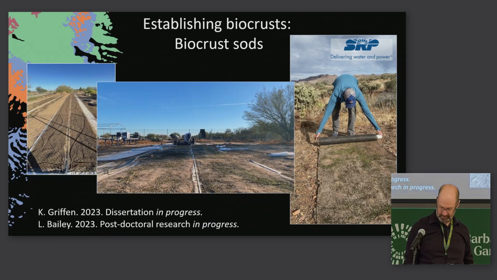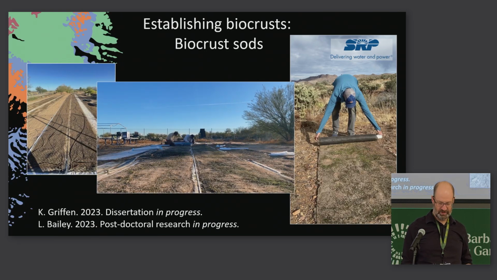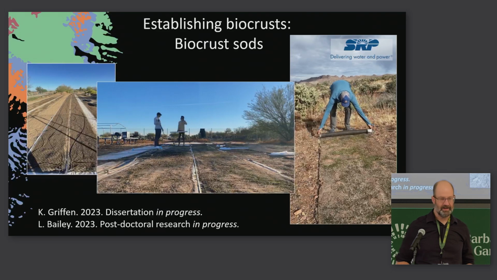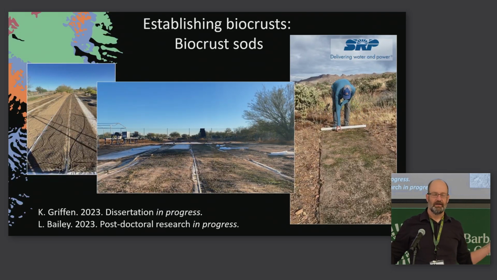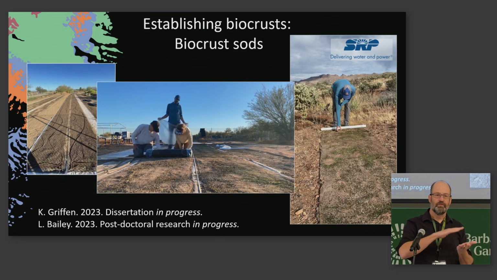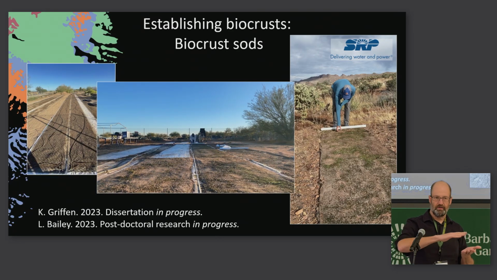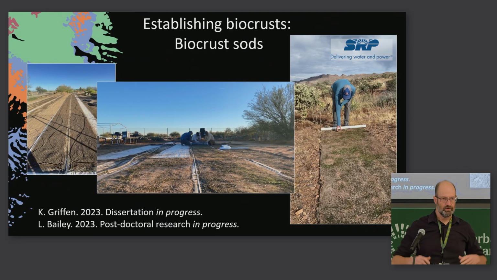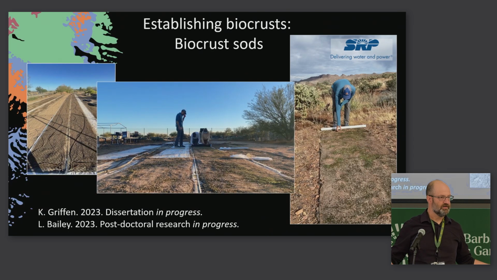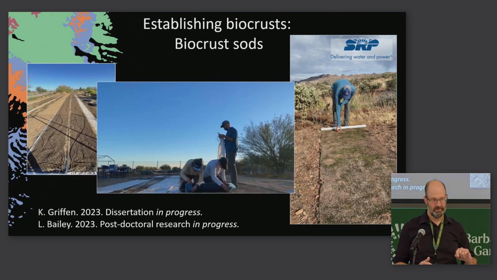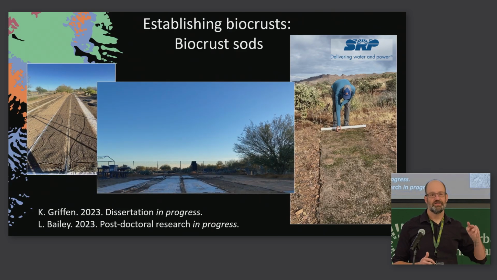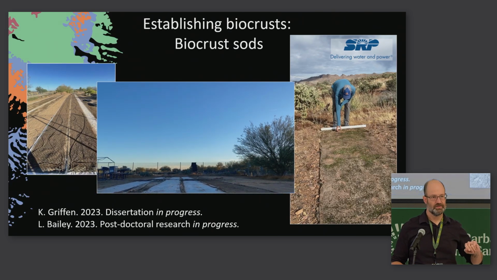And as that's playing, you can watch me finish rolling a sod out. So basically, we've got an organic cloth overlain by some soil, overlain by biocrust that we grew, and you can roll out big pieces of this to create kind of a biocrust island. And we're testing this not only in Arizona, but in 3 locations in California in the Mojave Desert. These are going in right now.